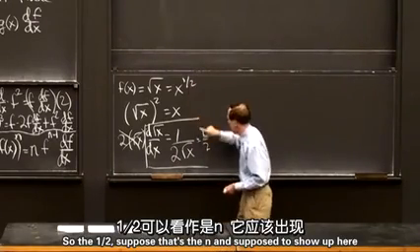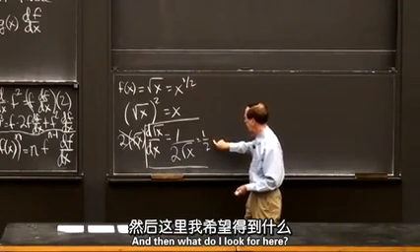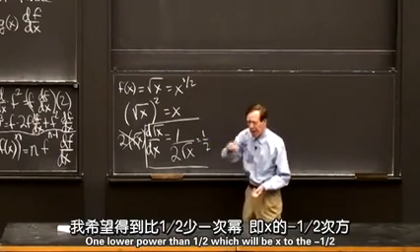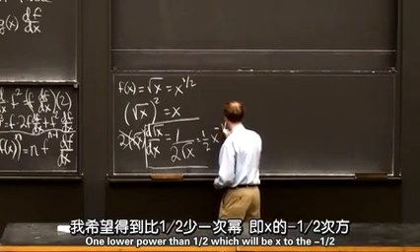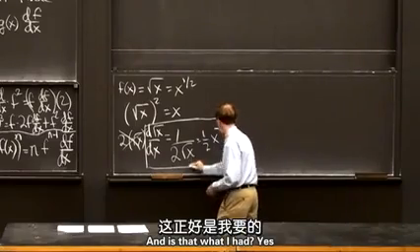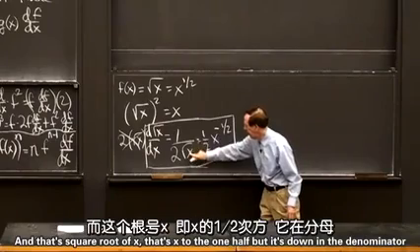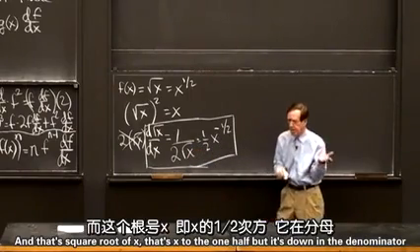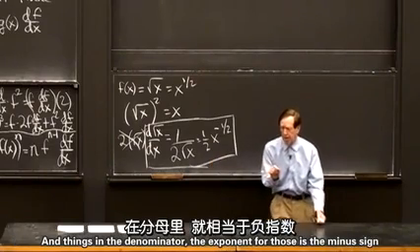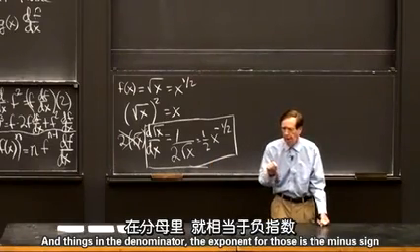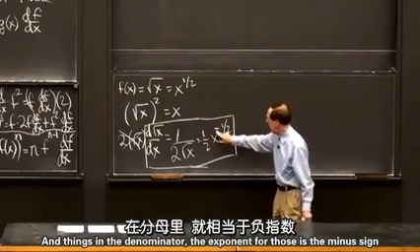So the 1/2 is supposed to, that's the n, it's supposed to show up here. And then what do I look for here? One lower power than 1/2, which will be x to the minus 1/2. And is that what I have? Yes. You see the 1/2. And that square root of x, that's x to the 1/2, but it's down in the denominator. And things in the denominator, the exponent for those has a minus sign.